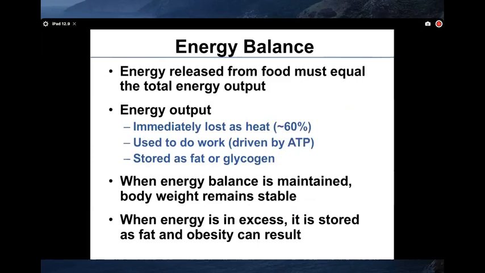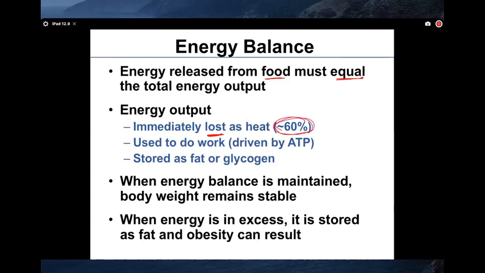The energy in your body is kept in balance. The energy released from food that you're taking is going to be equal to the energy output. So what are the forms of energy output? We have an immediate energy loss in the form of heat, around 60%.